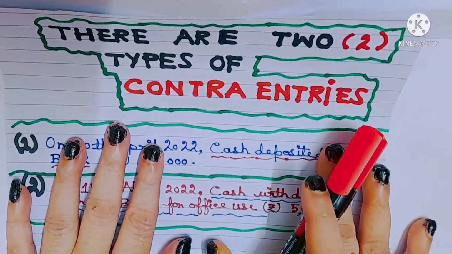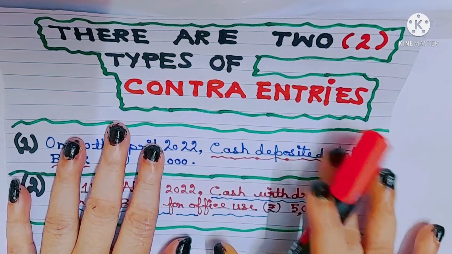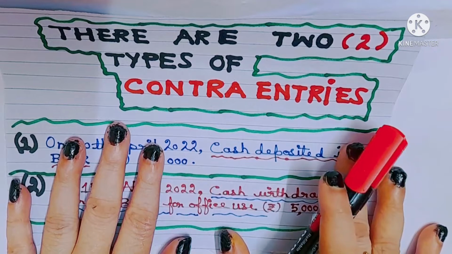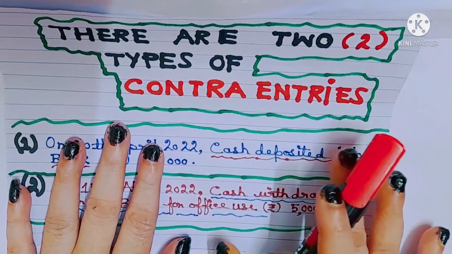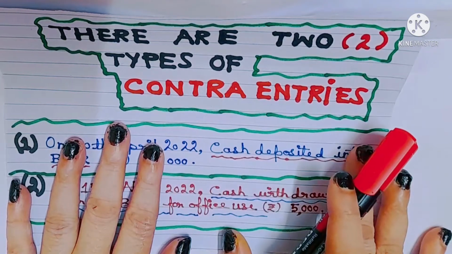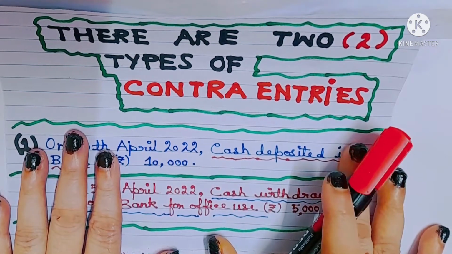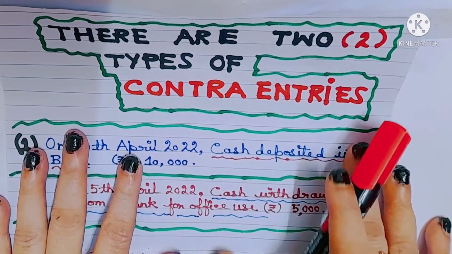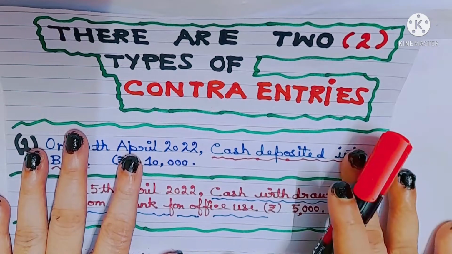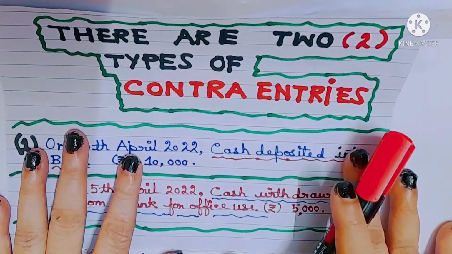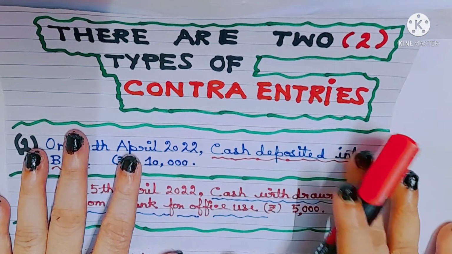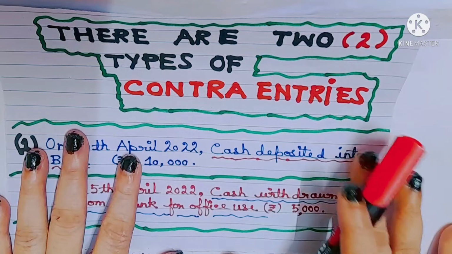Where two columns are together in a cash book, contra entries arise. Understood? Where there are no two columns, for example a single column cash book, contra entries do not arise. Why do contra entries arise in a double column cash book and a triple column cash book? Because there are two columns, one is the cash column, another one is the bank column. And as we all know, a contra entry is a transaction which involves both cash account and a bank account.